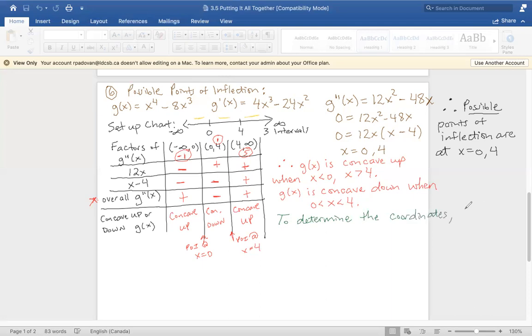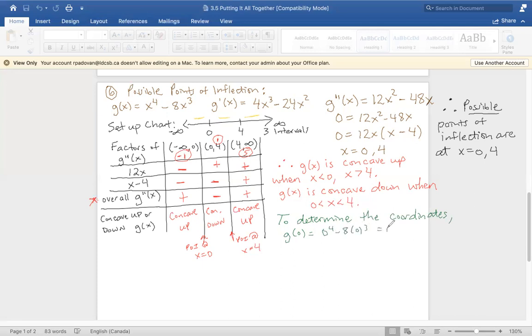Anytime I'm subbing anything in, I'm subbing it into the original. So I'm using these x values of my points of inflection. I'm going to sub in g at 0. Here, my original, so 0 to the power of 4 minus 8 times 0 cubed. I guess, sure, for the first time, I'll write it down. Minus 8 times 0 cubed.